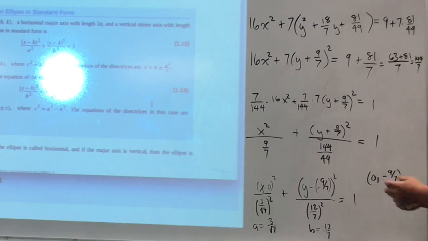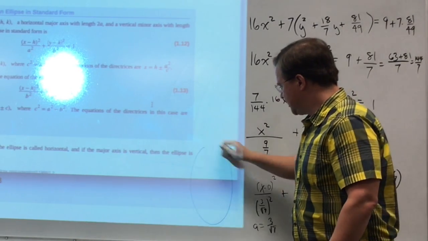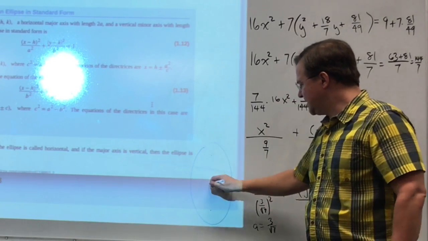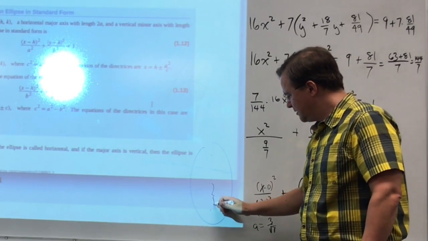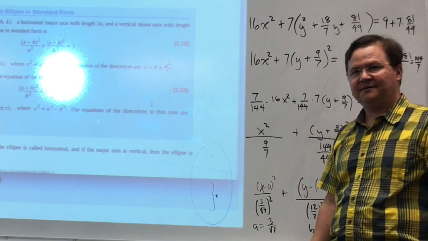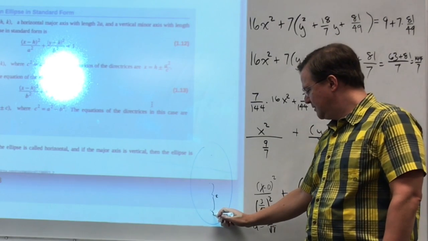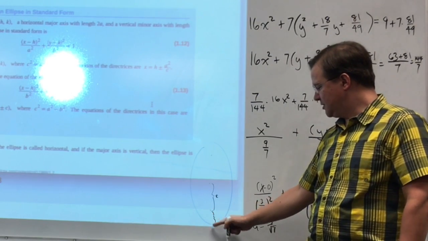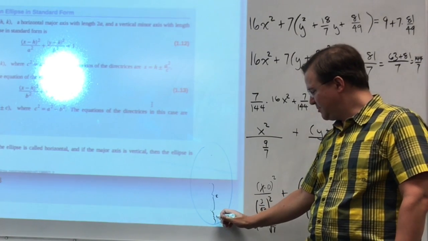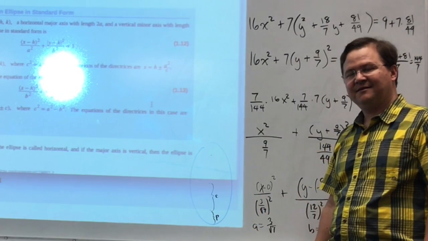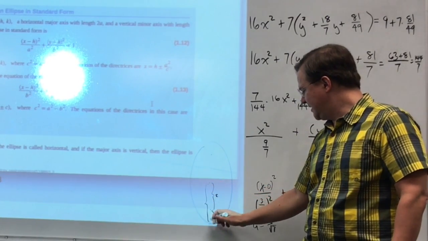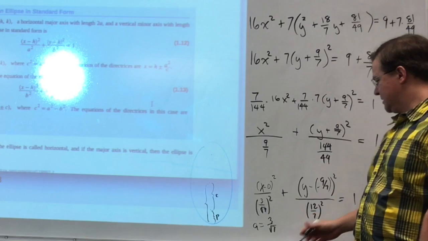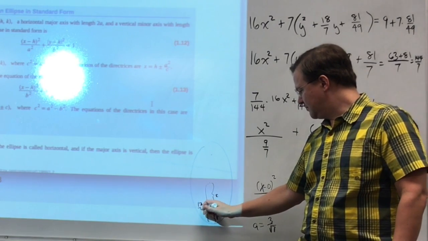So we have this ellipse looks like this with foci here and here. The center's there. So the distance from the center to the focus, that's C. The distance from here to the edge of the ellipse, that's P. Whereas the total distance, in this case, is 12/7.